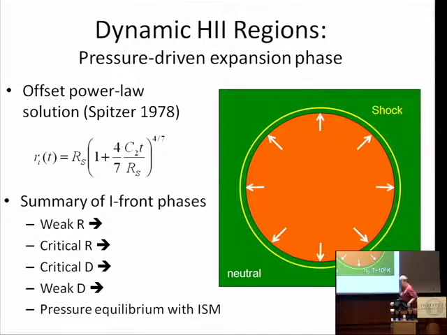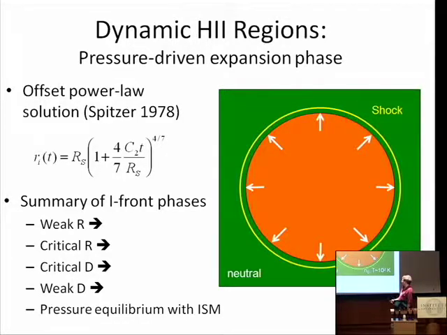And if we were to follow the evolution of this H2 region over its entire history, it would start when the I front was really close to the star and the radiation was incredibly intense. We have a weak R-type front moving out supersonically, and it transitions to a weak D as it runs out of gas. As the recombinations start to take their toll and the I front slows, you get this transition to a weak D type.